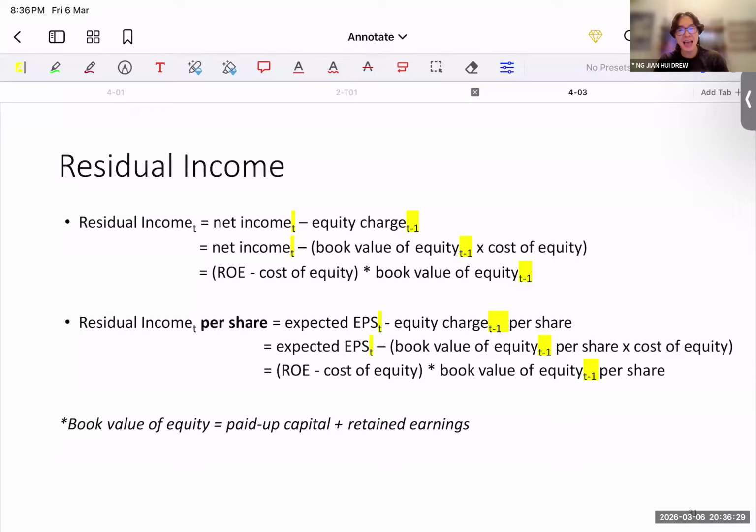Not sure whether you remember, we had an extensive discussion on this. So why is the equity charge one period before? There are two key reasons. One of them is: what equity will be used to generate the net income?